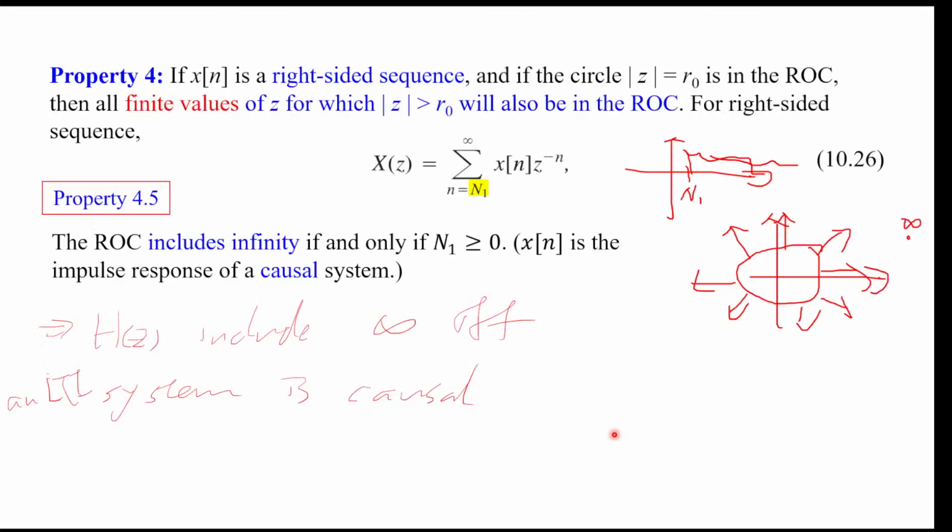Then we have the right-sided and left-sided equivalence. If you have a right-sided sequence, the ROC is the outside of a ring, and if you want to include the infinity point, then your x of n should be 0 when n is less than 0.